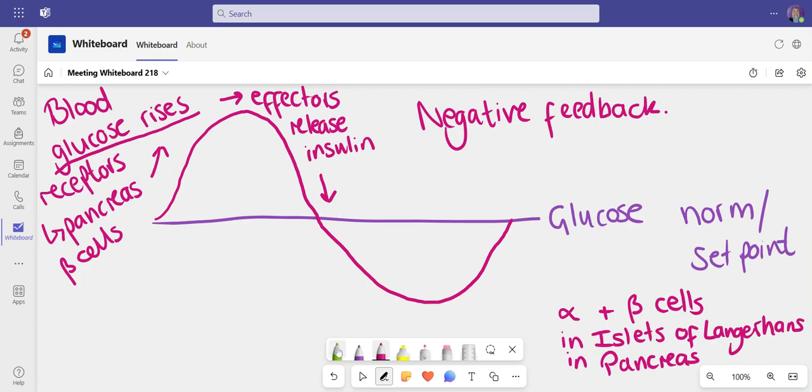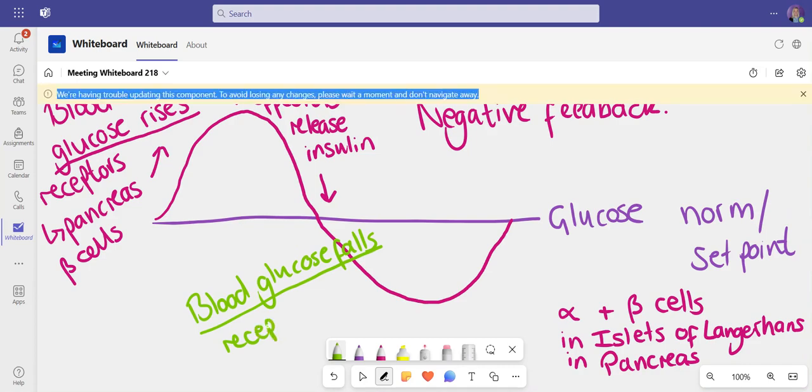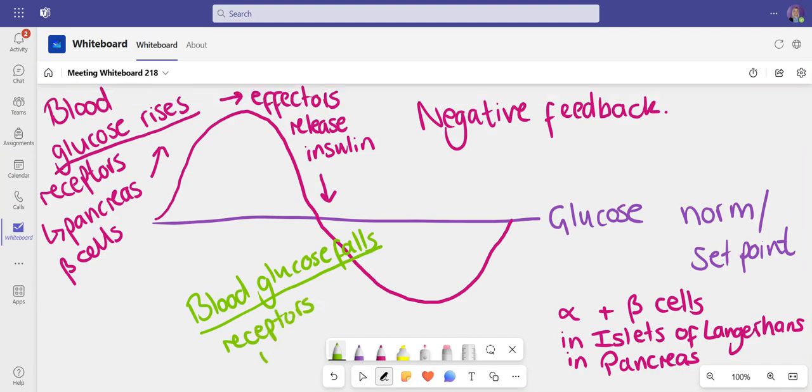Now, if the opposite happens, let's draw it in a different colour. So if your blood glucose, instead of rises, instead it falls, then that's obviously picked up by some receptors. We'll notice that it's too low. Again, the message needs to be coordinated by the pancreas, but this time it's the alpha cells in the islets of Langerhans.